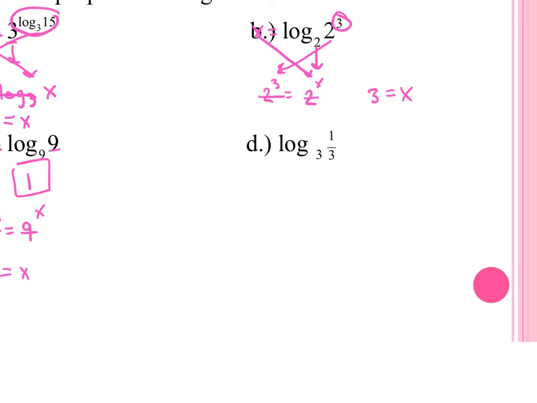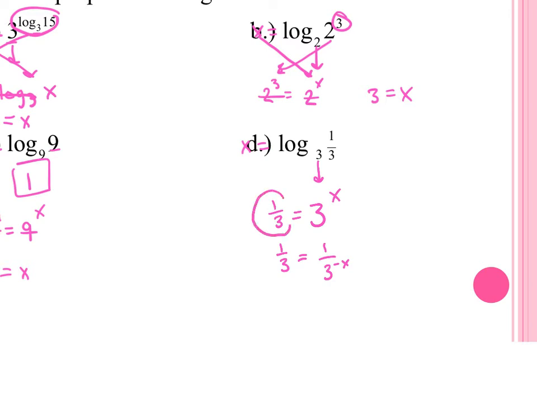And then for the last one, we can say this is in log form, bring the 3 down to the middle, bring the right side to the left side, bring the left side to the right. And now we want our 3 to look like 1/3. We need to make this a negative x because 1/3 is equal to 1/3 to the power of negative x in order to get that 3 to be a fraction.